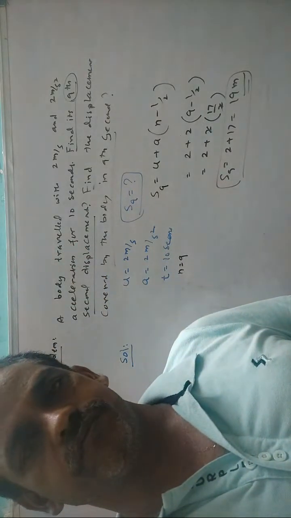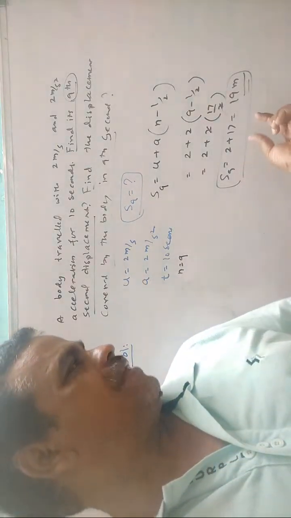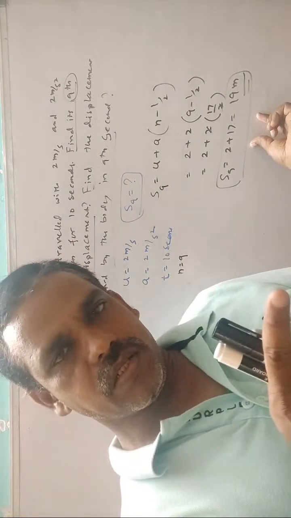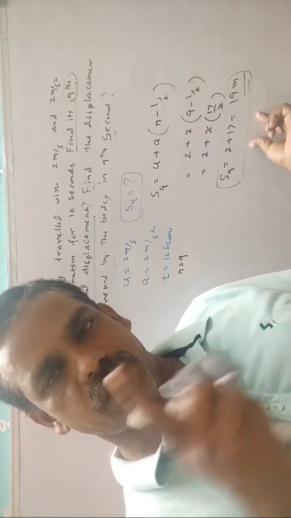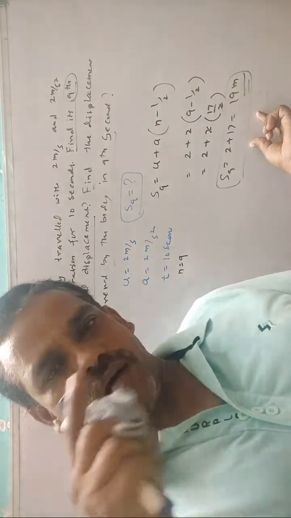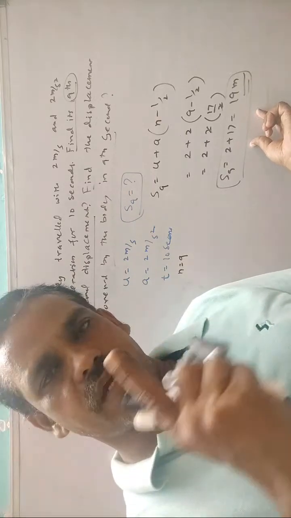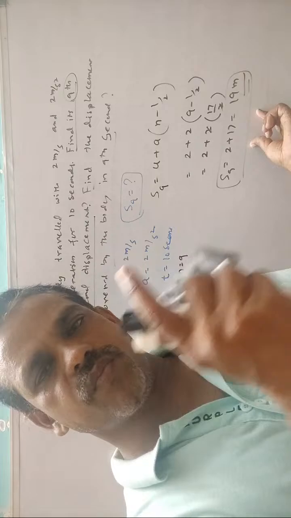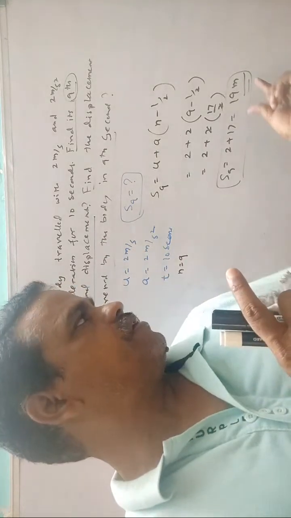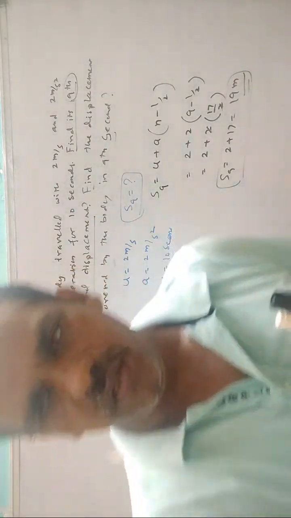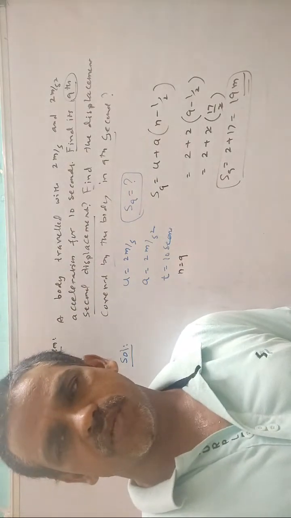This is good. We calculated only what the body traveled in particular 9th second. That means it traveled from t equal to 8 seconds to t equal to 9 seconds. In particular 1 second, it traveled 19 meter displacement.